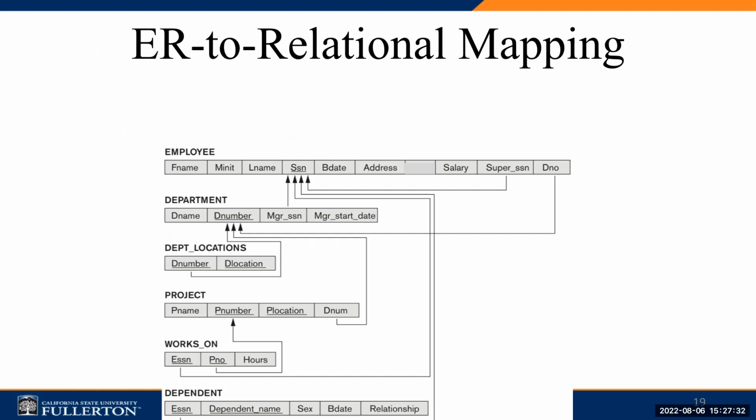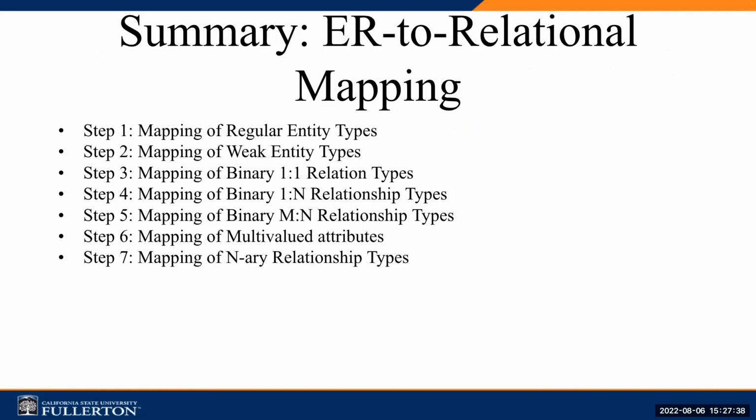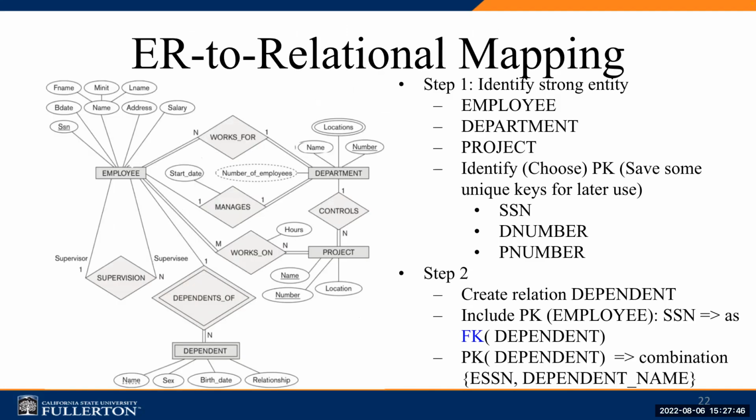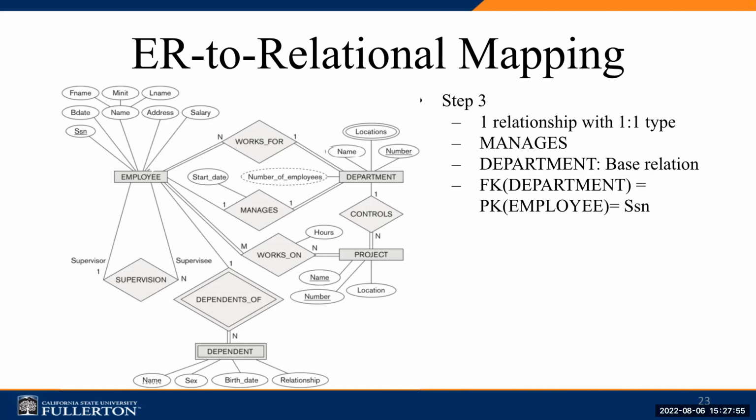Now, once you do the mapping from an ER diagram to a relational model, here's a summary of the 7 steps that we just discussed. And in the subsequent slides, you will see the example worked out step by step for the example with the employee entity.